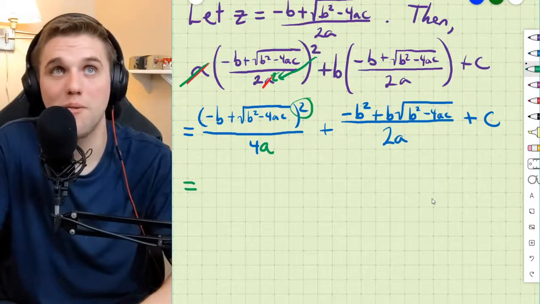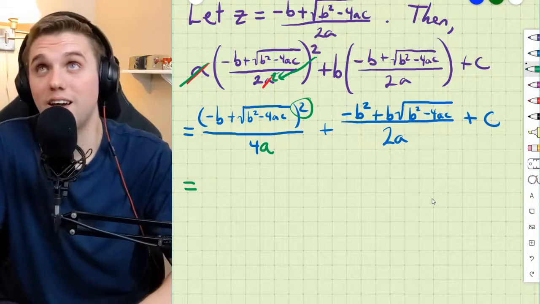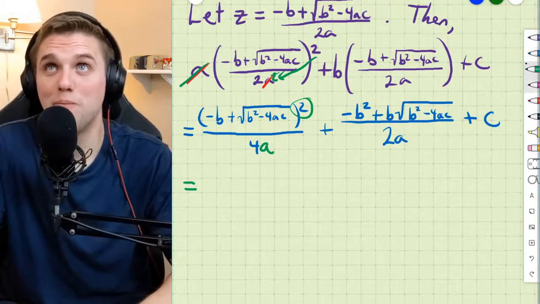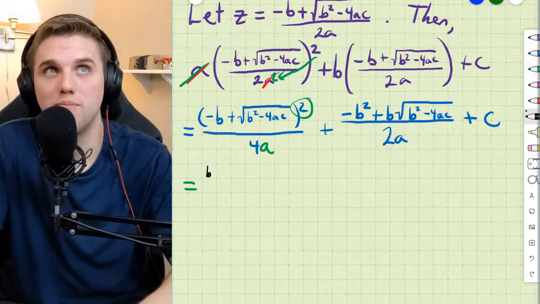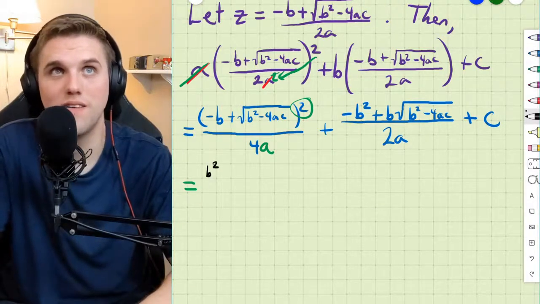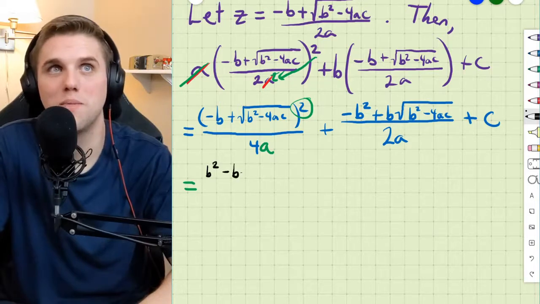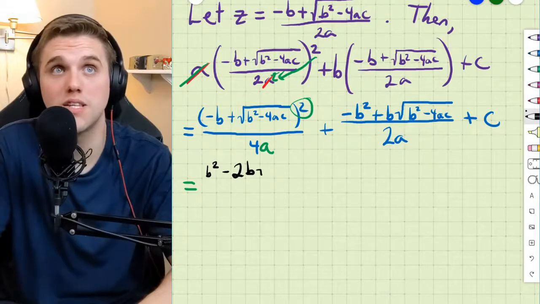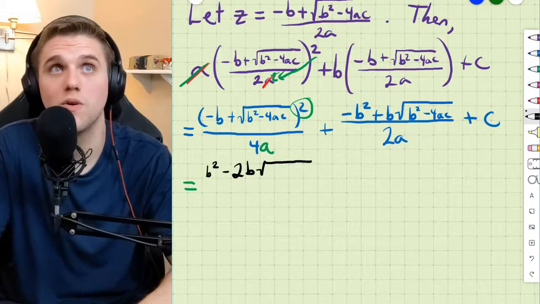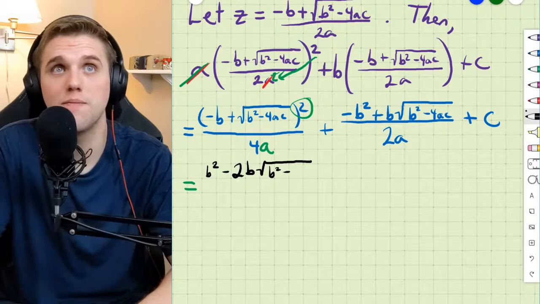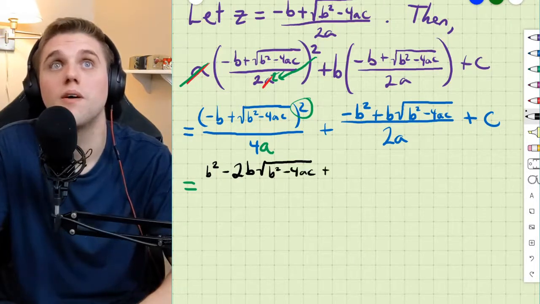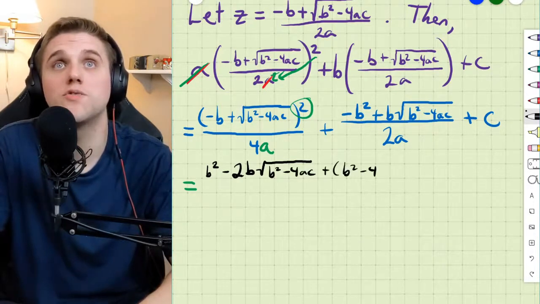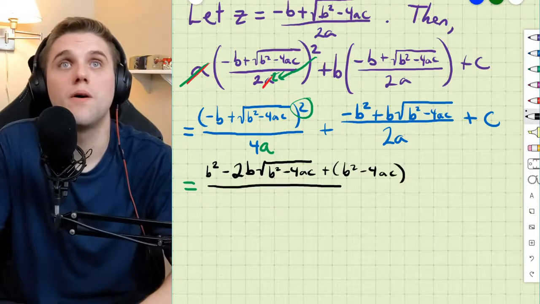So with this square, I'm gonna do some foiling. So negative b times negative b is b squared, minus 2 times b times the square root of b squared minus 4ac, plus b squared minus 4ac all over 4a.